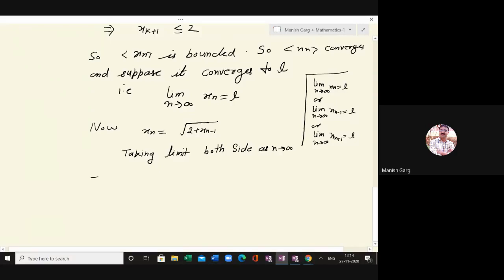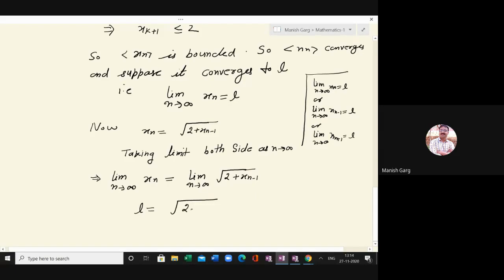So this will be the limit as n tends to infinity of xn equals the limit as n tends to infinity of the square root of 2 plus xn minus 1.